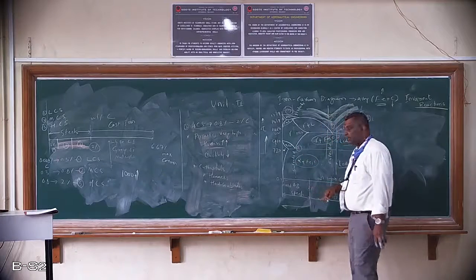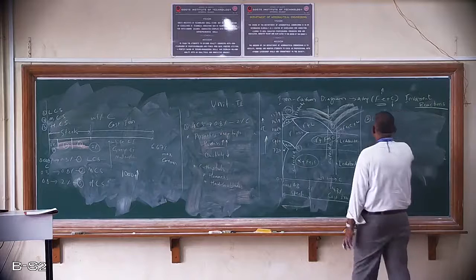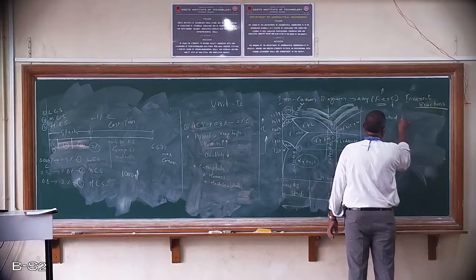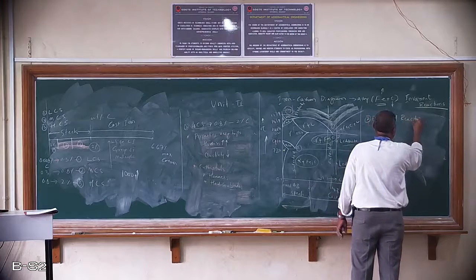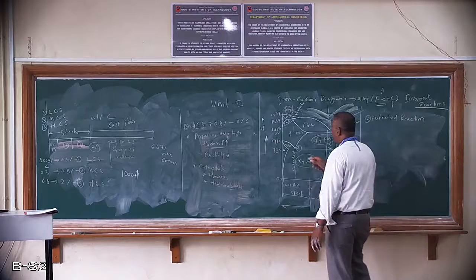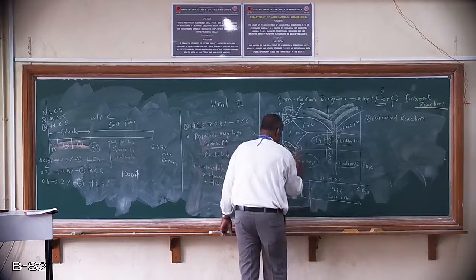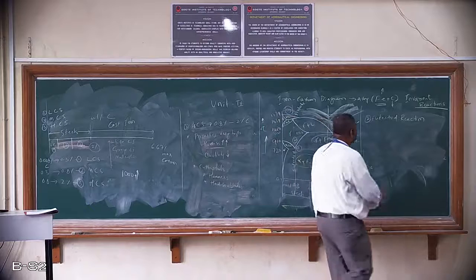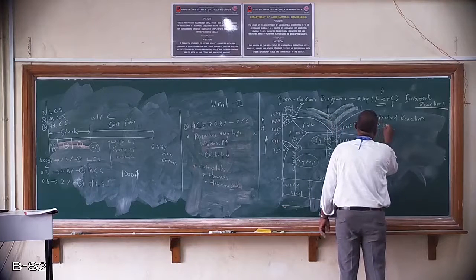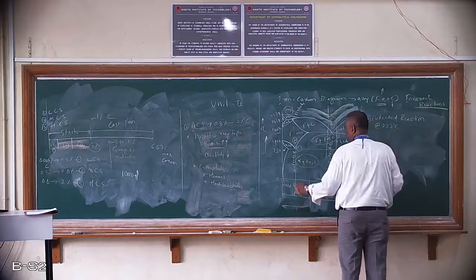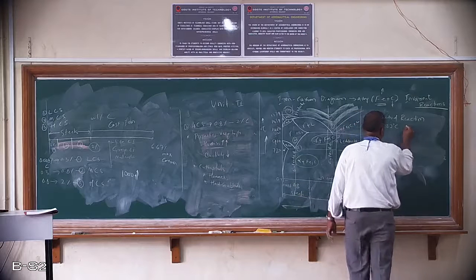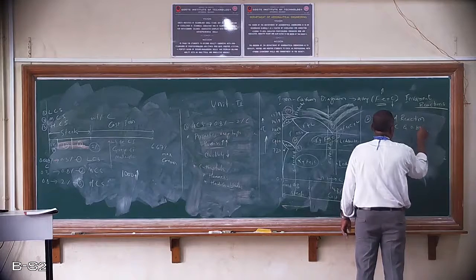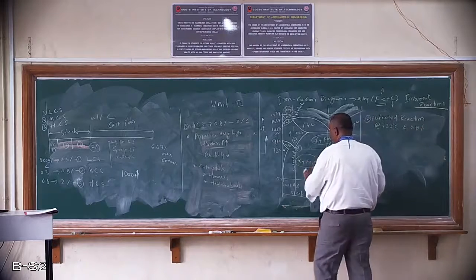The second reaction is called eutectoid. This occurs only at the temperature of 727 degrees centigrade, and the composition is 0.8%.